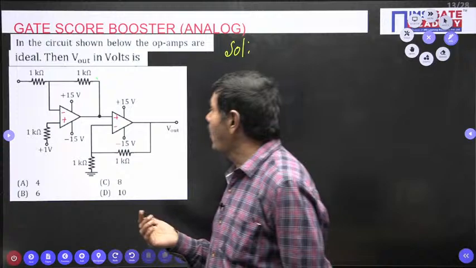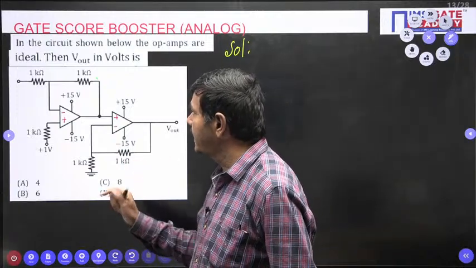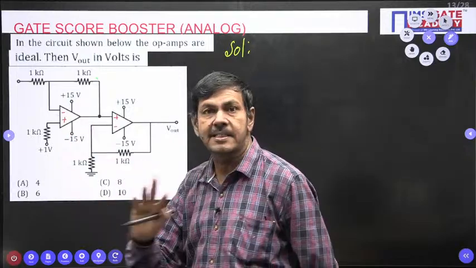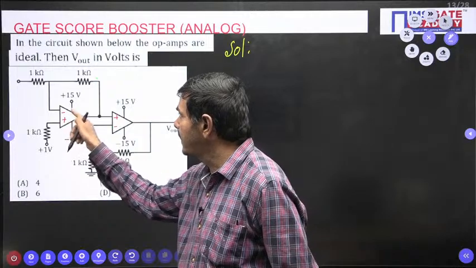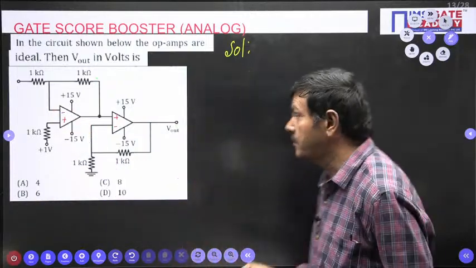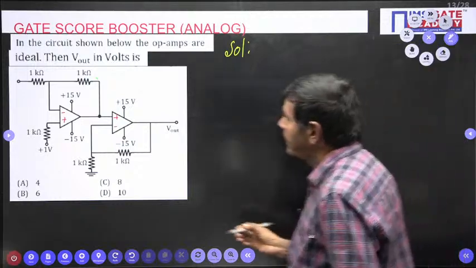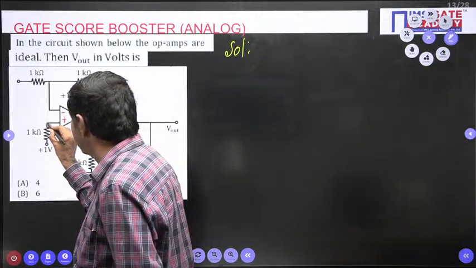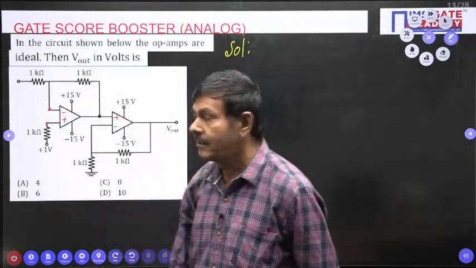But ideal op-amp means you know very well: if the op-amp is ideal, V plus and V minus are the same. You can have the same voltages only. The V plus value and V minus value will be the same. For an ideal op-amp, this voltage and this voltage are the same.